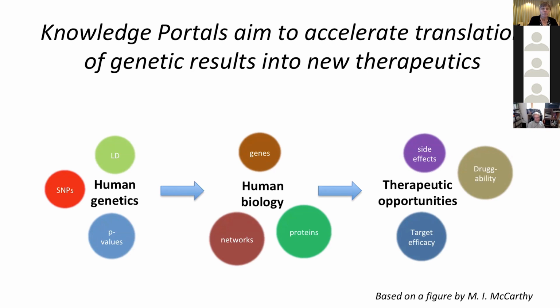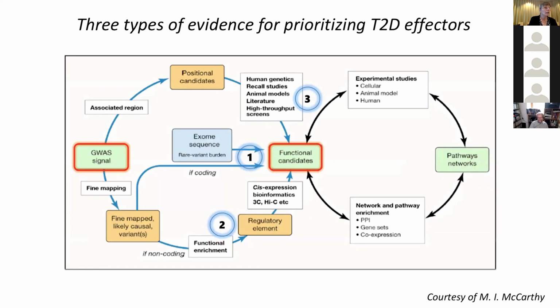In particular, in Mark McCarthy's group, this figure came from him, he and Anubha Mahajan have been working on a method for prioritizing potential T2D effector genes, for taking all of this enormous, massive genetics data, along with other data that have been accumulated, and figuring out a way to give weight to different types of evidence and create a score, and then be able to categorize genes by the likelihood that they are important to T2D.